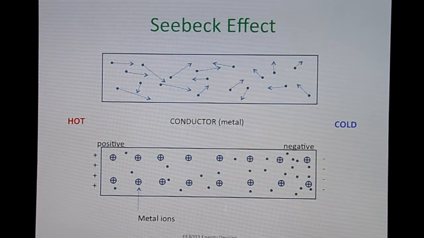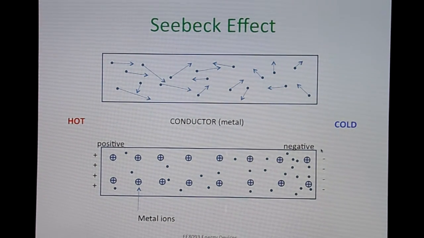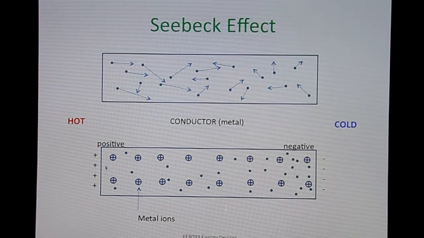And it's important to realize that once you reach this steady state, you will have a net negative charge on the right hand side and a net positive charge on the left hand side. So this is the origin of the thermoelectric or TE voltage.